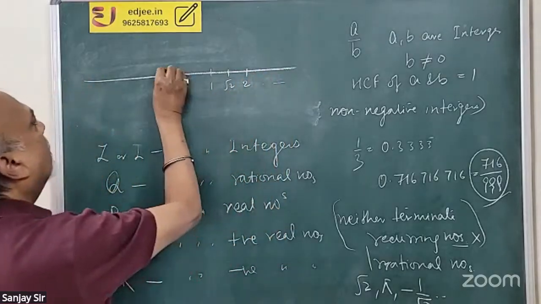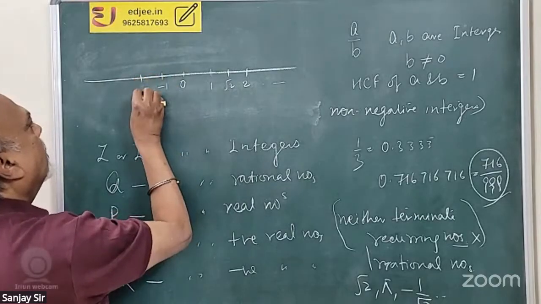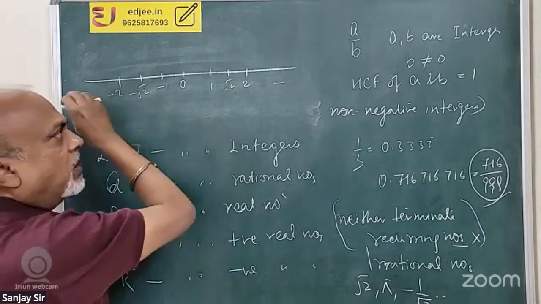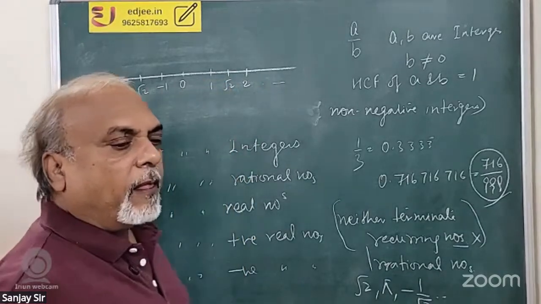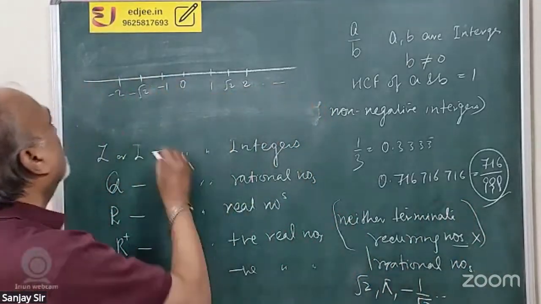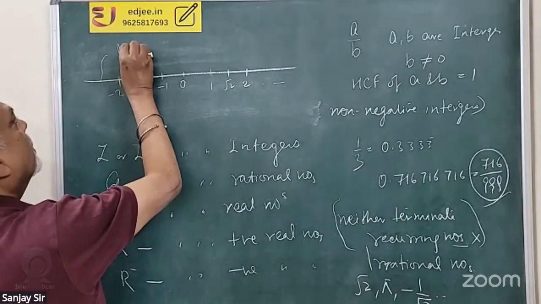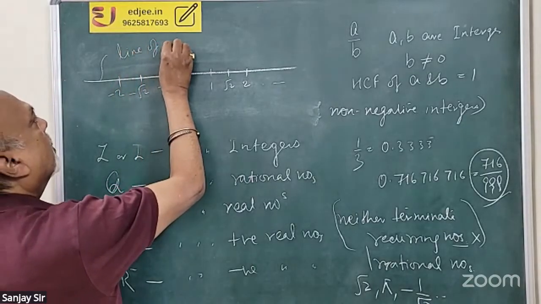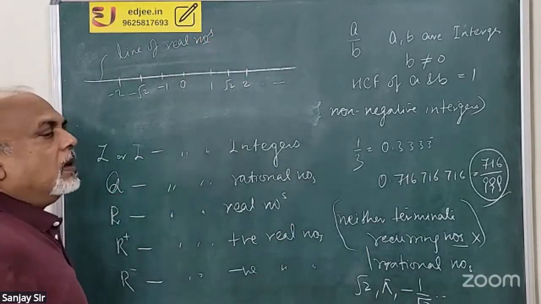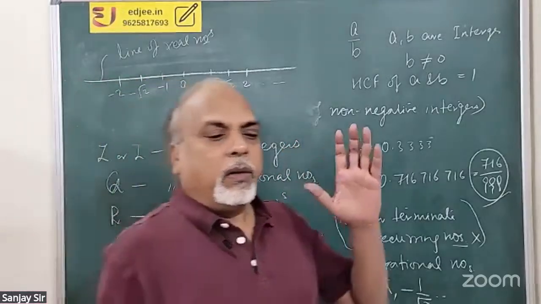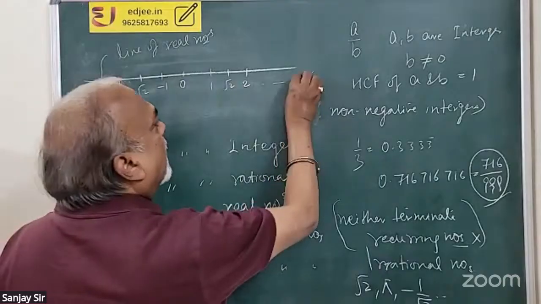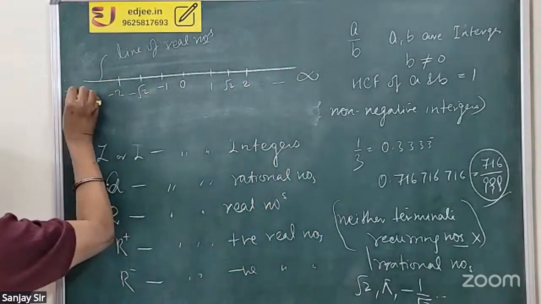Here, minus 1, minus root 2, minus 2, like that. This is basically the line of real numbers. One more thing. This goes on here and minus.